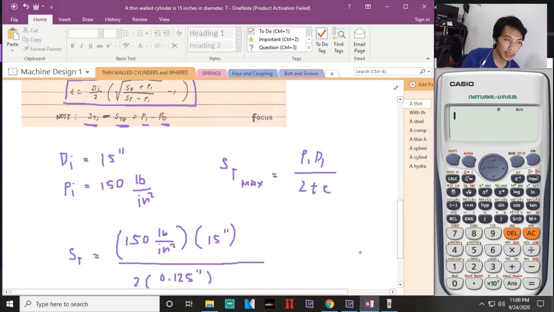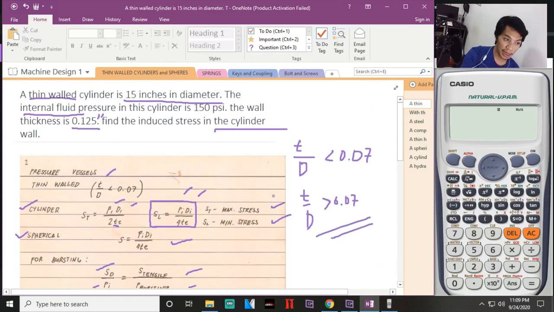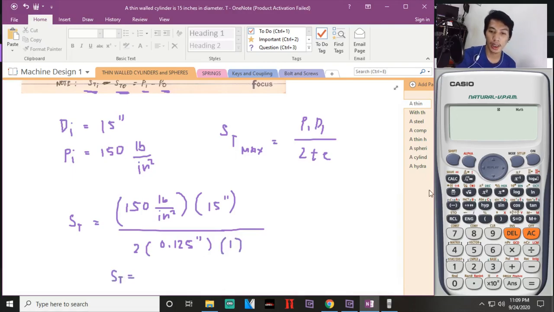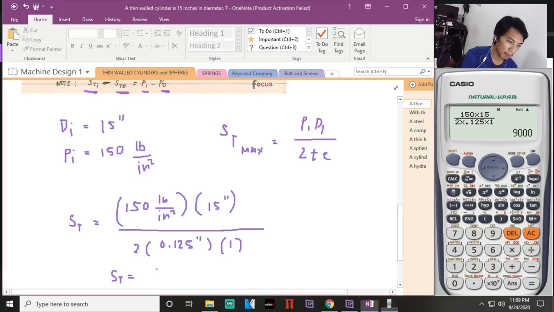So, ST or the maximum stress induced is 150 times 15 pound per inch, maka-cancel yung inch din sa dalawa, over 2 times 0.125 times 1. So, the answer will be 9,000 PSI. Madali pa ito.